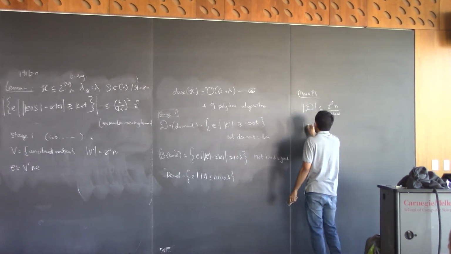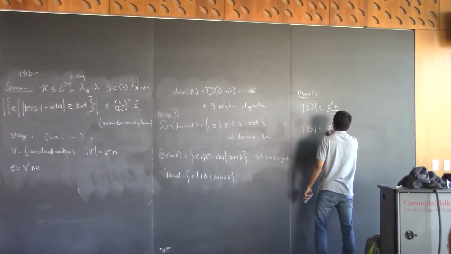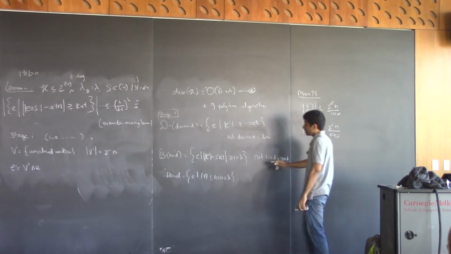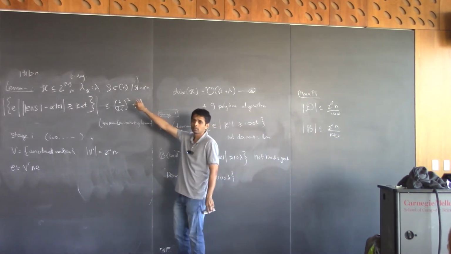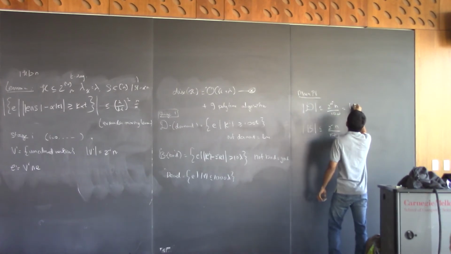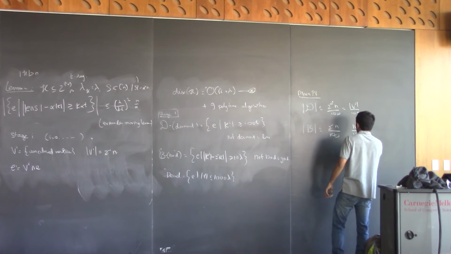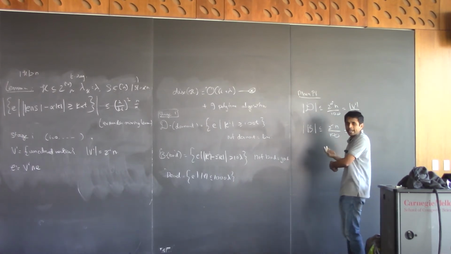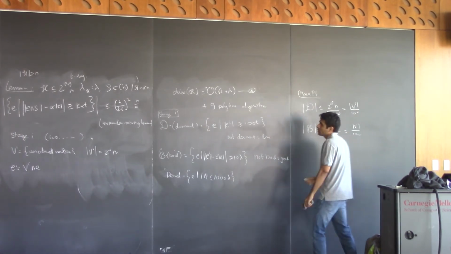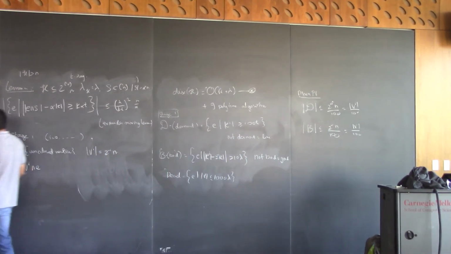And B is also at most 2 to the minus i over 100, and this comes from this bound. So all the bad edges, which are very few in number, I can set the c_i's to be 0 for all those bad edges, for all the bad and dormant edges.